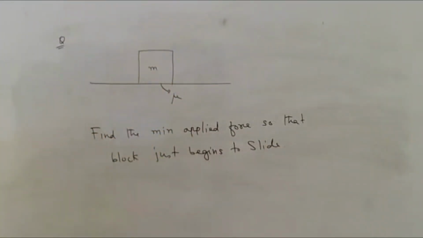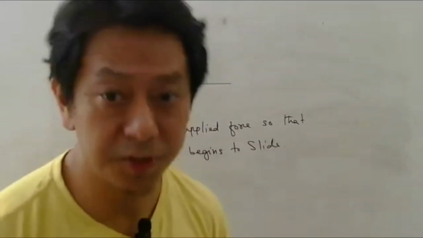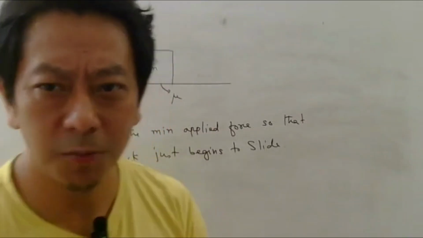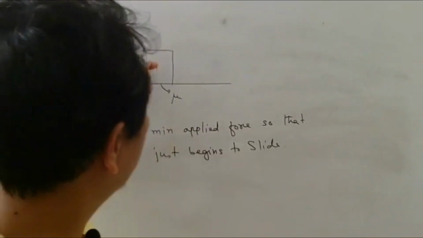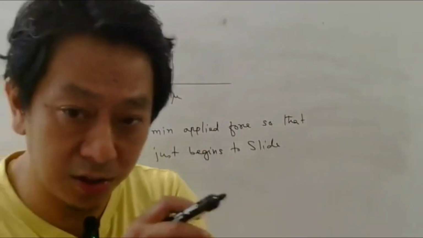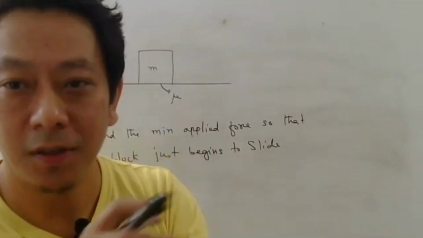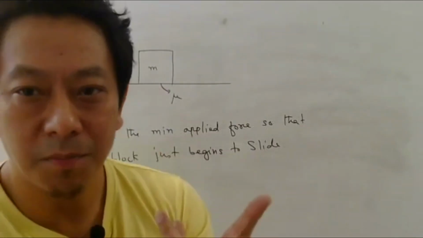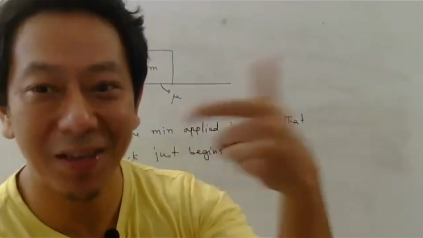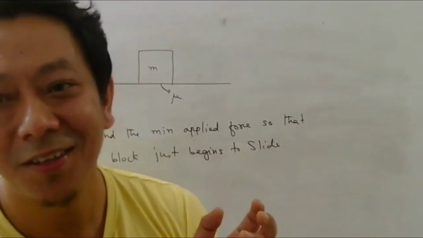And in the options there will be mu s mg, and many students will tick that because that is what you normally think, right? The minimum force that you need to accelerate the body on the surface should be maximum static friction. My minimum should be equal to whatever is the maximum static friction.